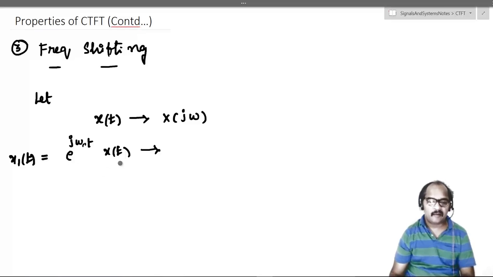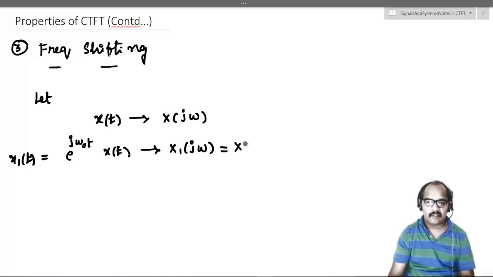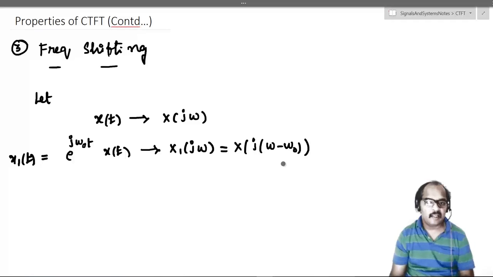We have multiplied our signal x of t with e power j omega naught t, and we called that signal x1 of t. This will have x1 of j omega as the Fourier transform, which is given by x of j omega minus omega naught. Means you have to shift the Fourier transform by omega naught units.